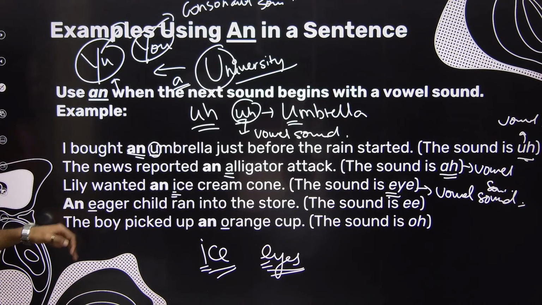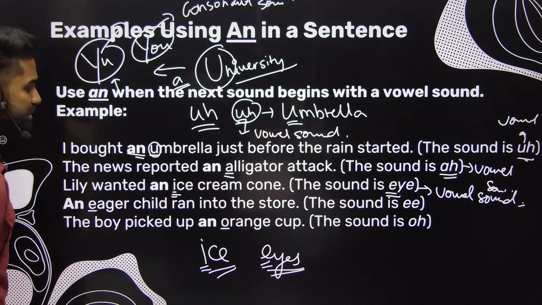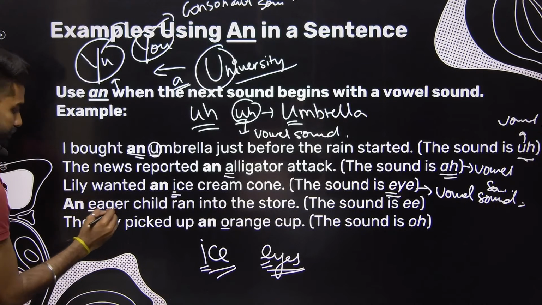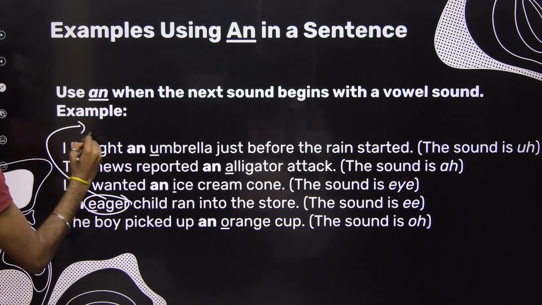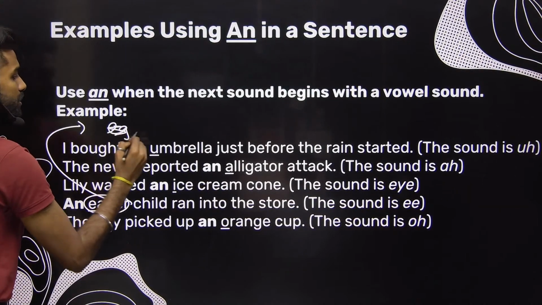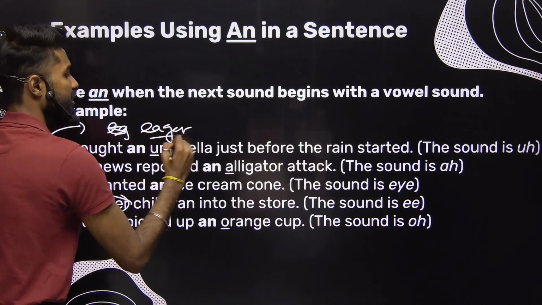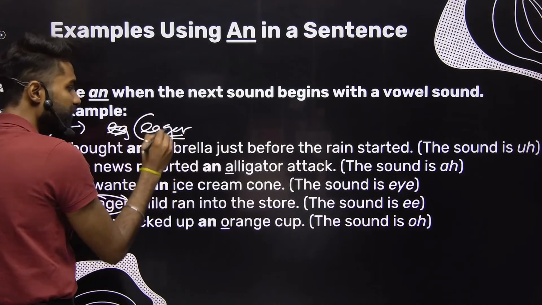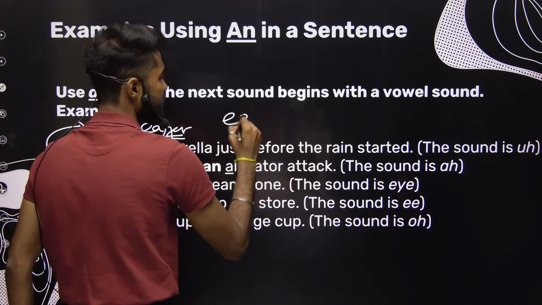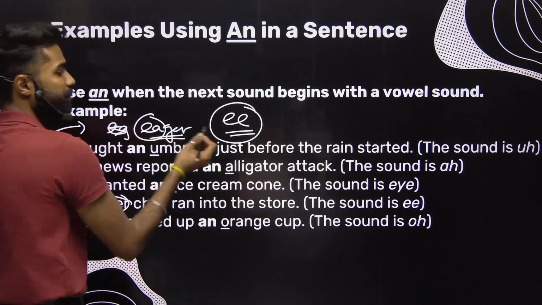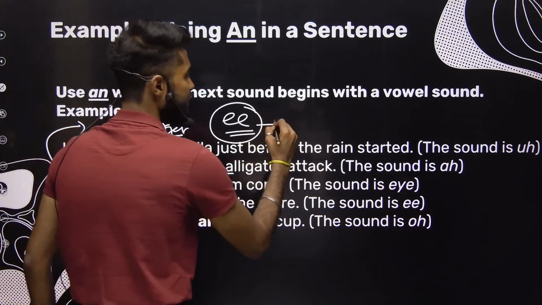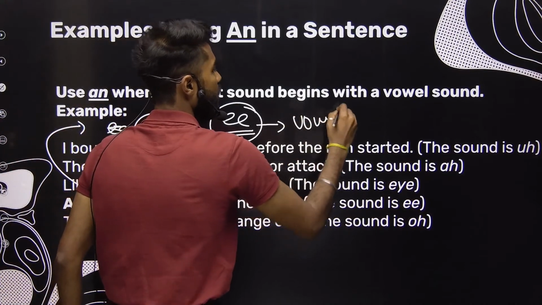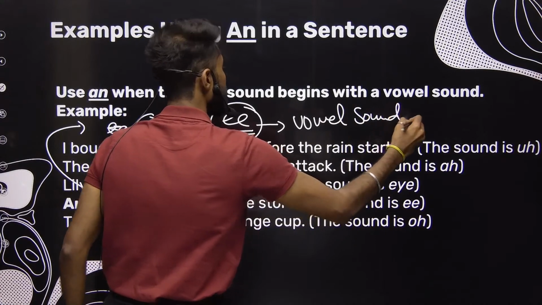And look at this one. An eager child ran into the store. Eager. What is this word's pronunciation? E is the sound produced before using the word. So this E will be considered as my vowel sound, right?